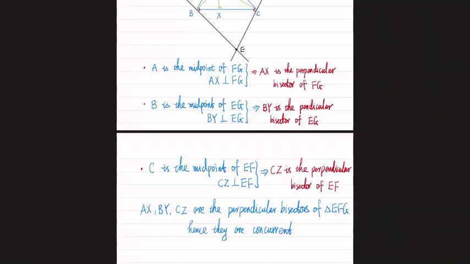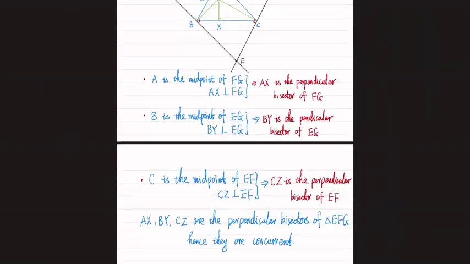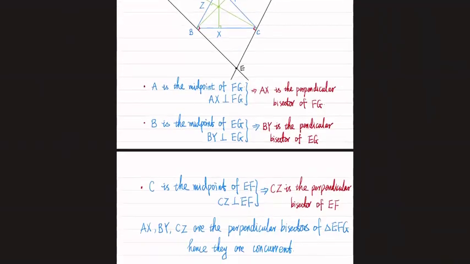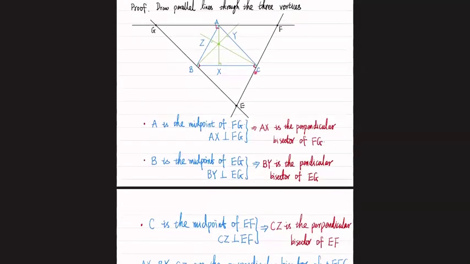Okay, let's see, how did we prove this? Why must they be concurrent? Because they can be realized as the perpendicular bisectors of a larger triangle, and we verified before that the perpendicular bisectors are concurrent.